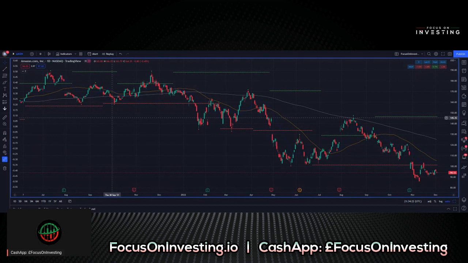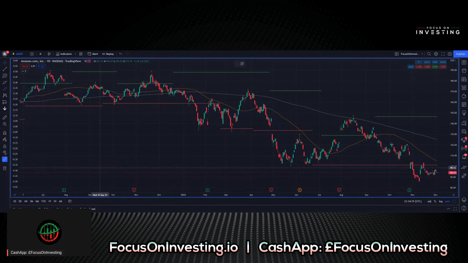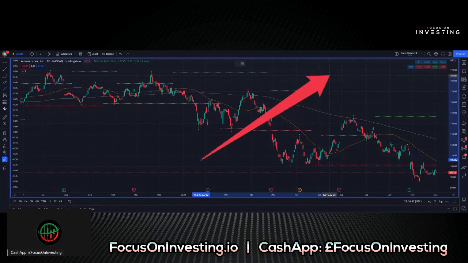So first thing we're looking at is what is the overall shape of this asset, which particularly happens to be a stock, right? If we bring up our arrow, the overall shape of price will give us an indication, right? So if we see price is mostly going in an upward direction, that would mean that the stock is bullish.